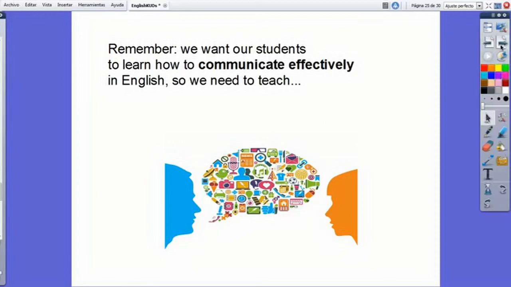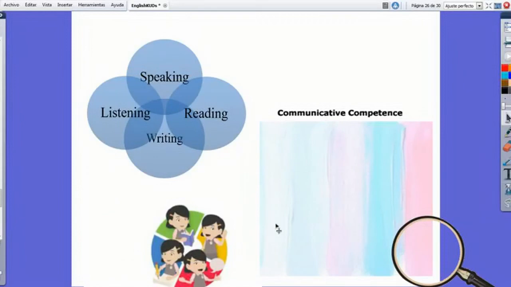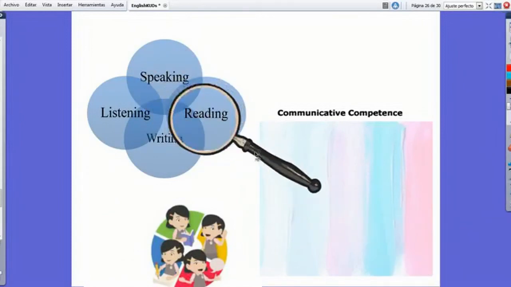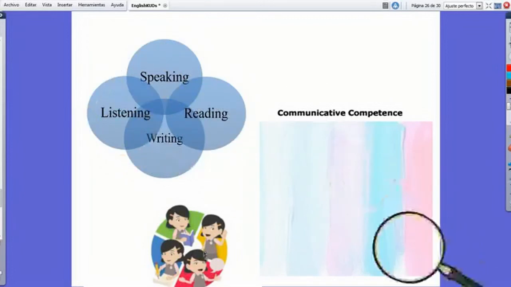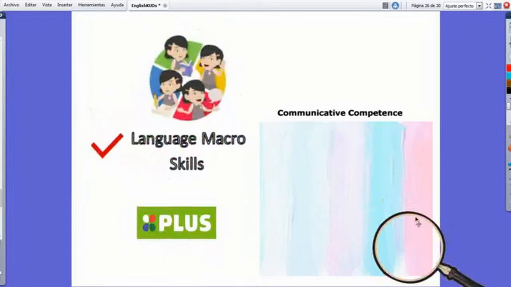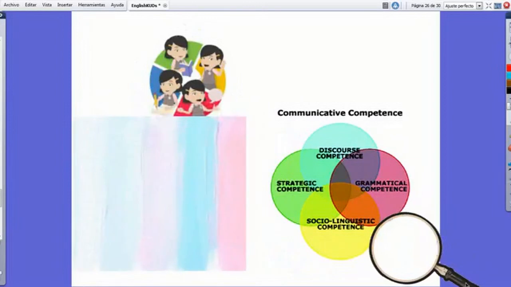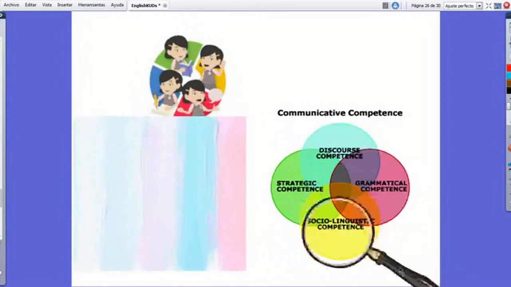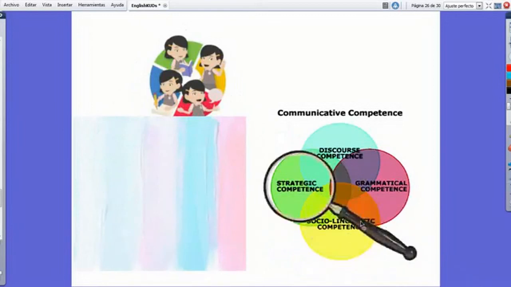So, we need to teach the 4 language macro skills, such as reading, writing, listening and speaking, and communicative competence, or grammatical competence, discourse competence, sociolinguistic competence, and strategic competence.